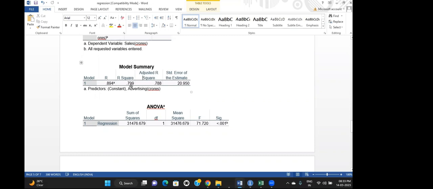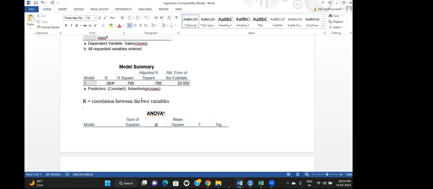This is one thing. The next important thing is your R square. The R tells us the correlation between the two variables, sales and advertisement. R square, what is it showing? कितना है?